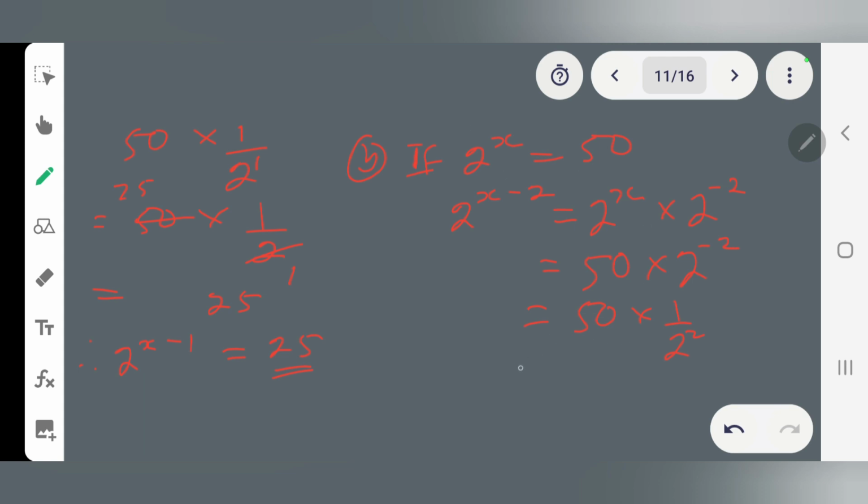So here we have 50 multiplied by 1 over 4. And in the end, 2 will cancel, 2 will cancel 50, 25. So our answer will be 25 over 2 or 12 whole number 1 over 2.